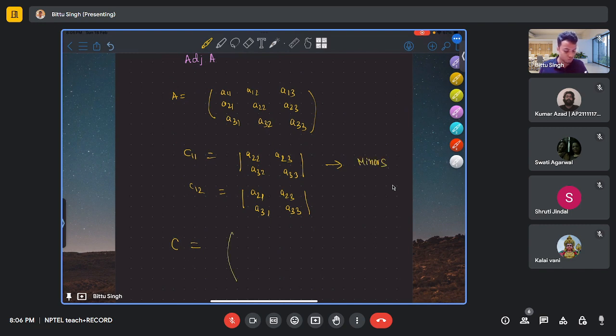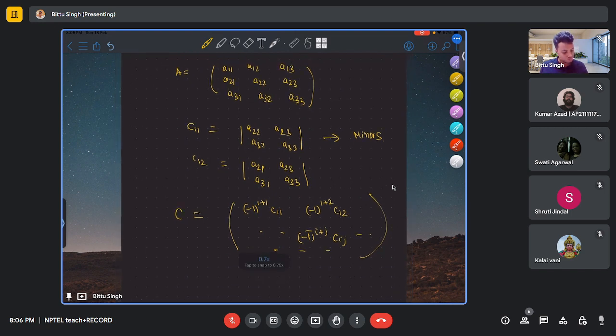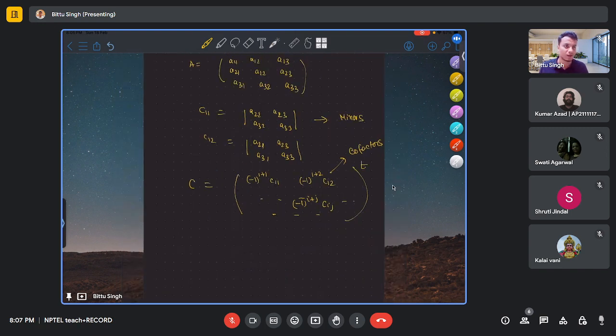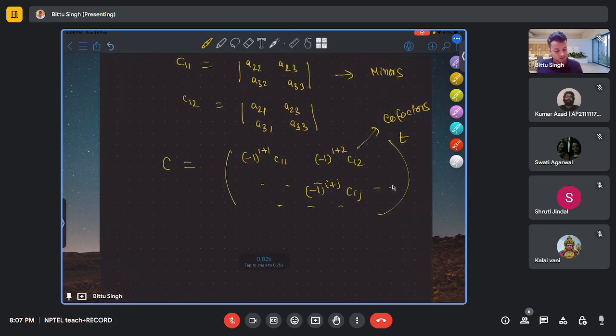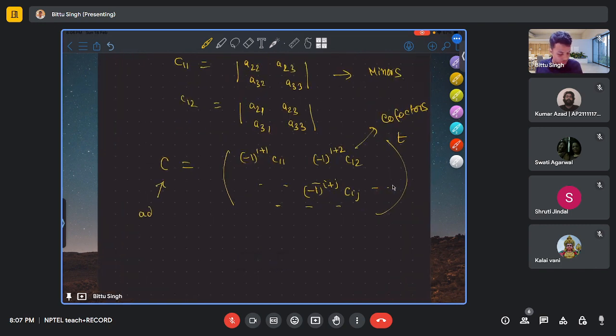And if you also take the sign of this minor, for example, minus 1 to the power 1 plus 1 C11, minus 1 to the power 1 plus 2 C12, and it will continue, minus 1 to the power i plus j Cij. Those entries are called cofactors, and transpose of this matrix is called adjoint matrix.